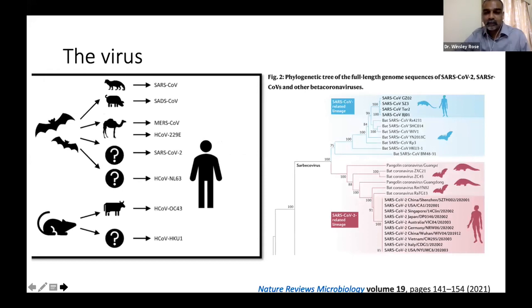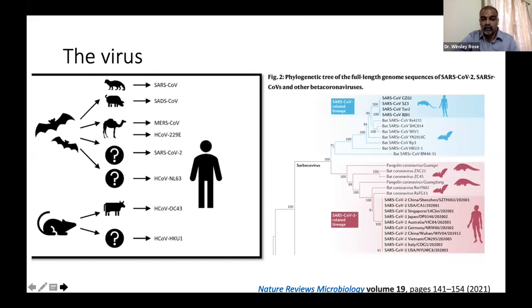The virus, as we all know, is a coronavirus. There are many coronaviruses which cause human disease: the original SARS-CoV, which happened in 2002-2003, then the MERS-CoV, the Middle Eastern Respiratory Syndrome virus, which happened sometime in 2013, and the SARS-CoV-2.